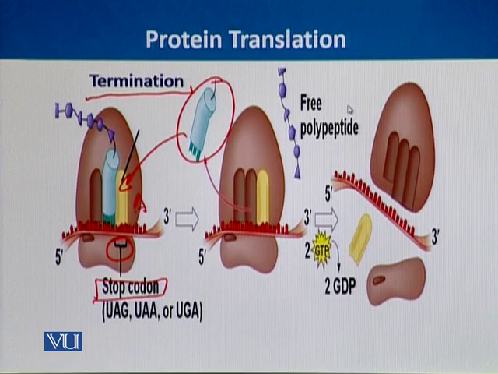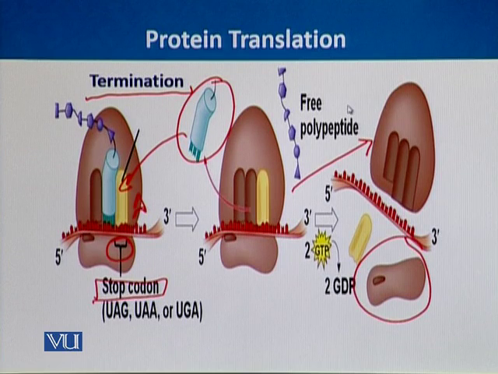And when this happens and the termination process starts, it leads to the segregation of the smaller subunit and larger subunit of the ribosome.